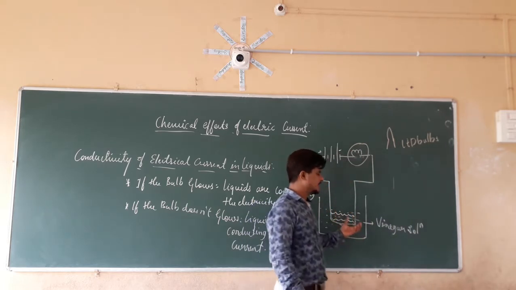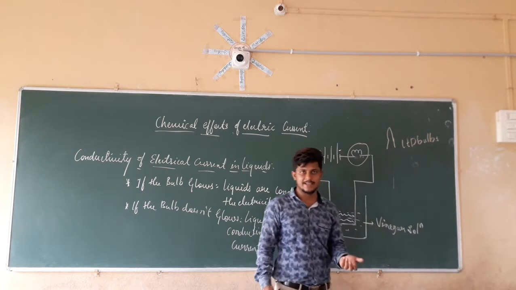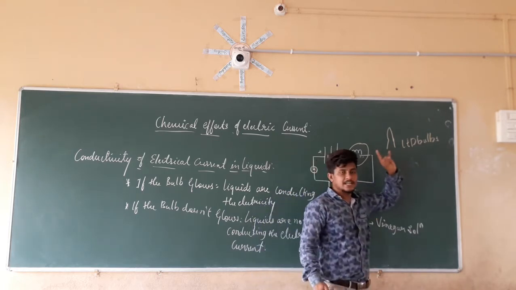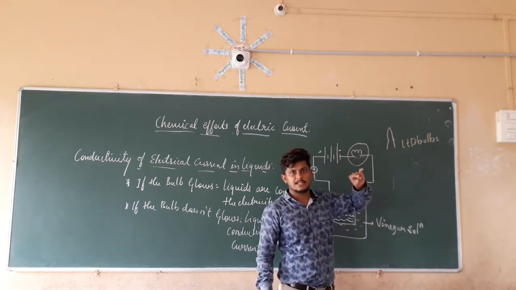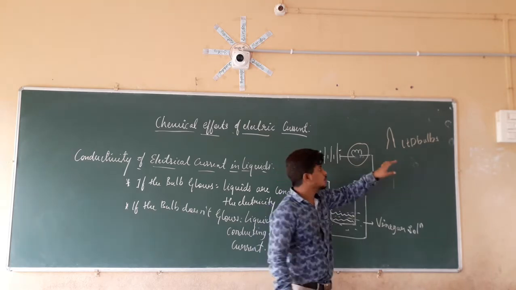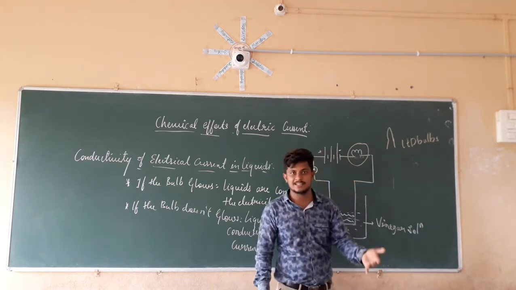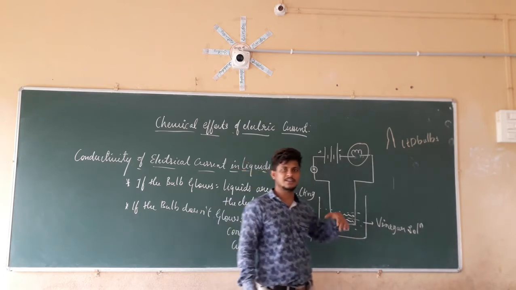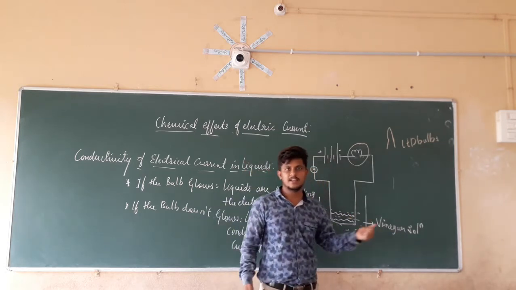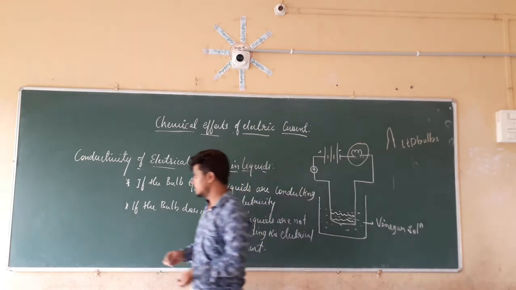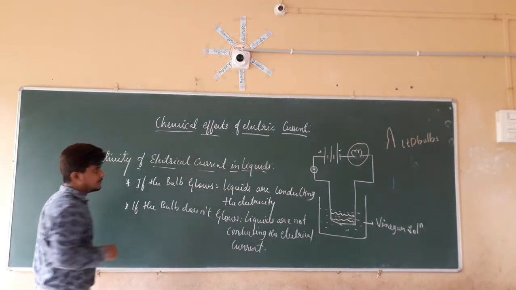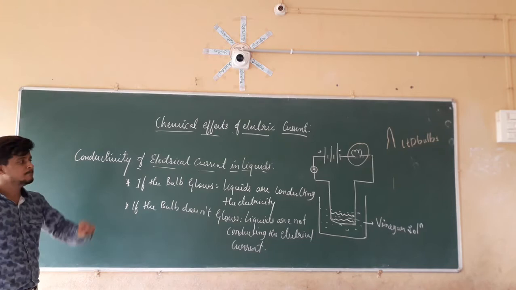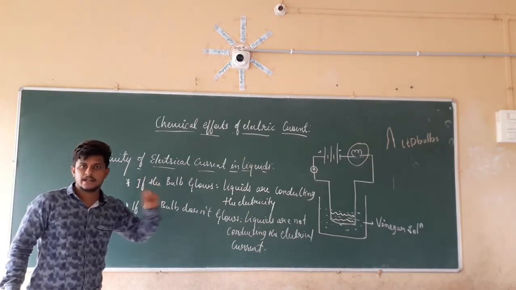If the amount of current passing through here is less, these LED bulbs are still going to glow. These LED bulbs are going to indicate the conduction of electric current in this liquid or in some other conductors. So we can use LED bulbs for checking weak current.